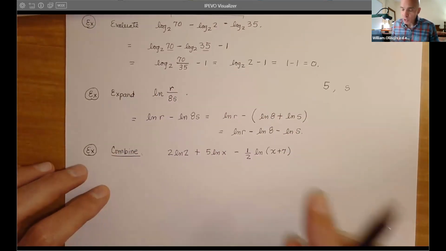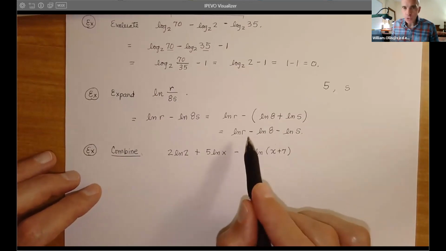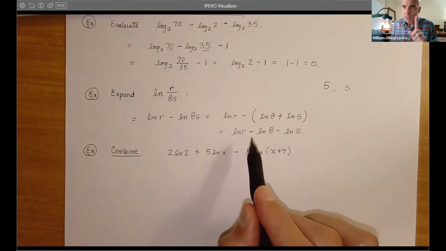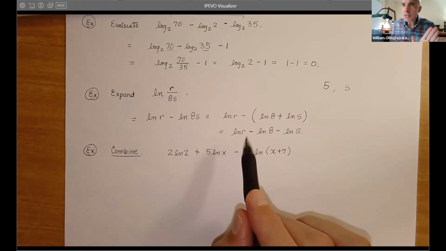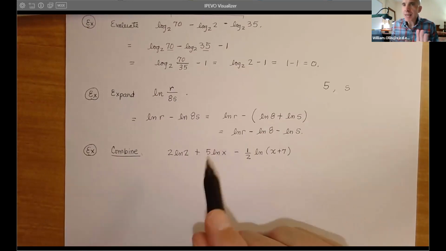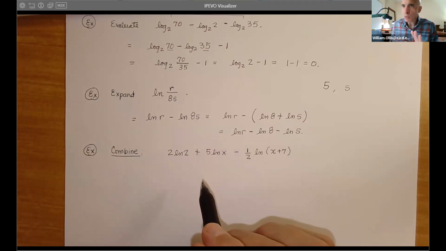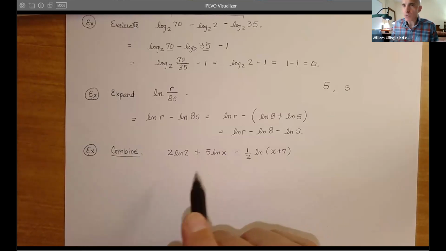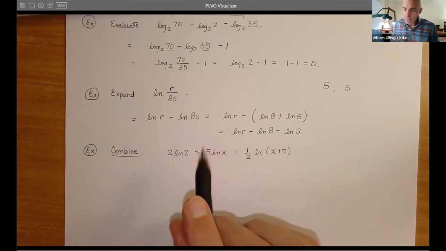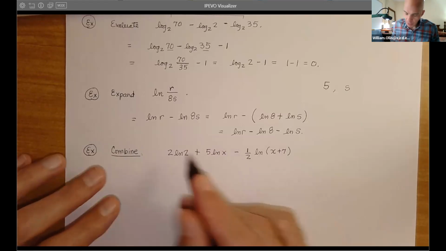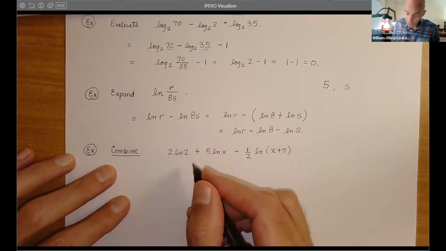So when we actually move in the reverse direction, we get one logarithm. And so when we're solving equations, the combination exercise is going to be something we're going to be interested in, because we can't apply the definition of logarithm if we've got several log terms. We just have to have one. So this will be something we'll do often in this class. And you did obviously in your college algebra class.